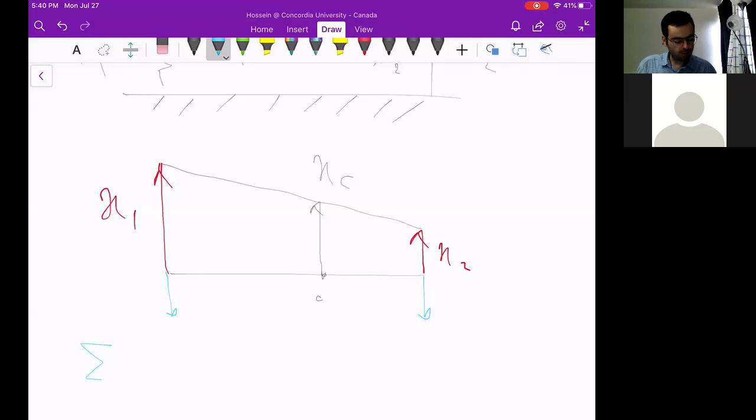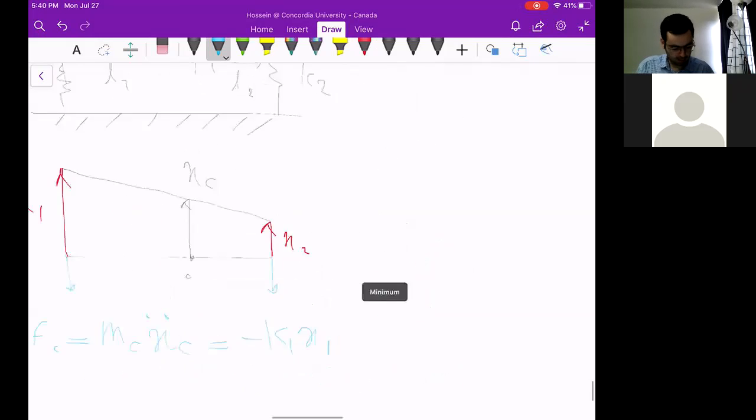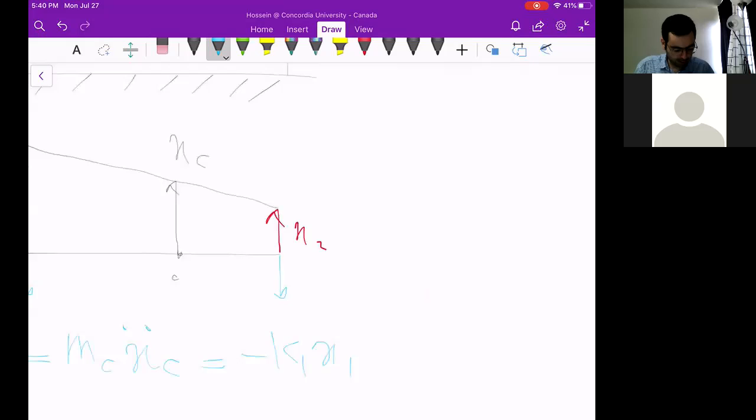So summation of forces applied to the system at point C is going to be m x double dot c for the pure linear motion, right? It's nothing but minus left spring k1 x1 simply, and right spring minus k2 x2, right?